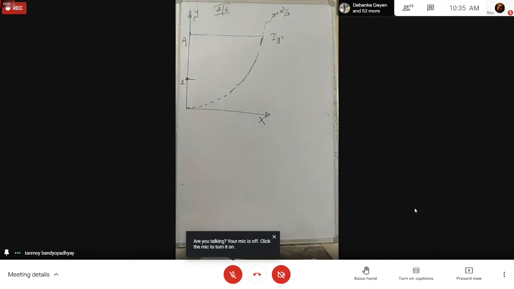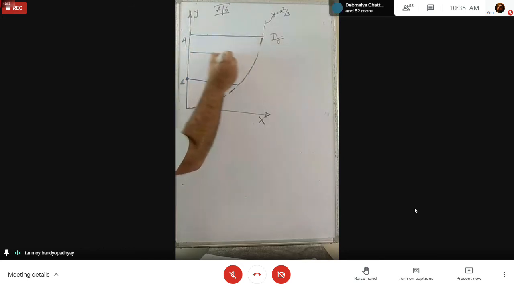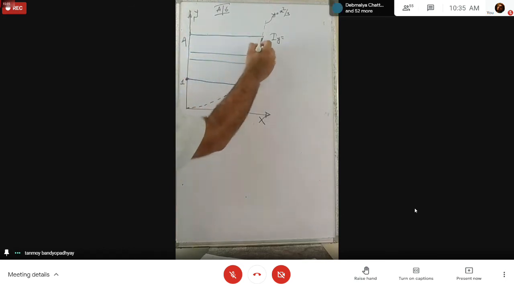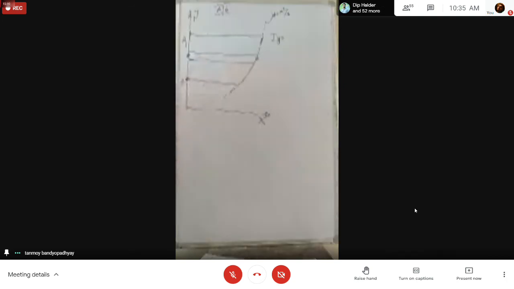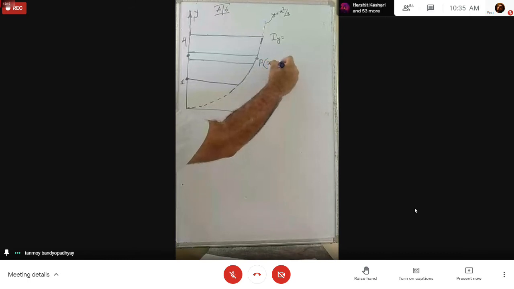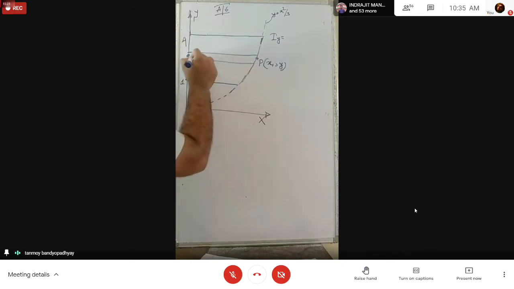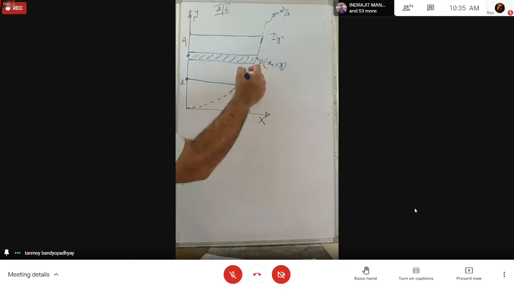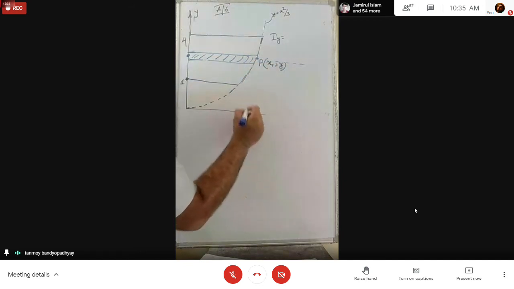So we take a horizontal element like this. We take a horizontal elemental area at a distance of small y from the x-axis.